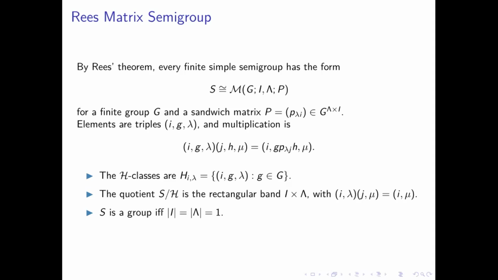So it's a rectangular band, and that means it's a normal band. Another fact is that if the sizes of I and lambda are 1, then obviously you only have the group multiplication, so it's a group.